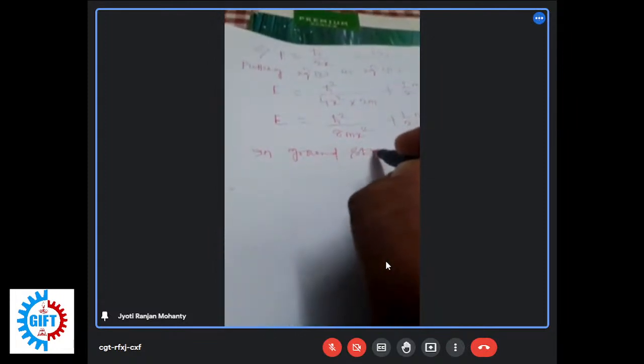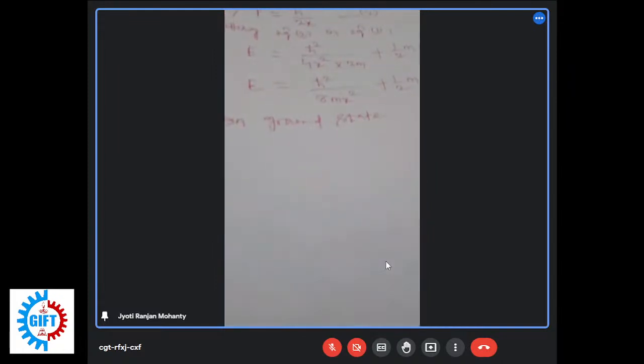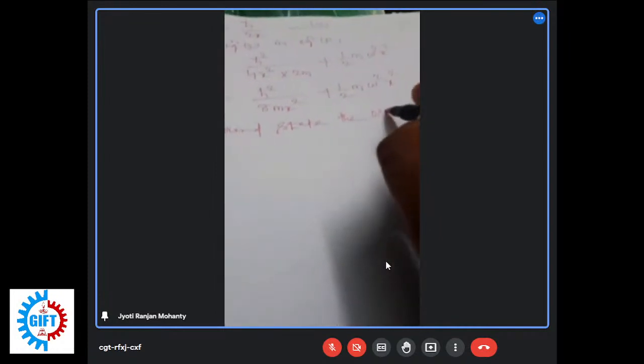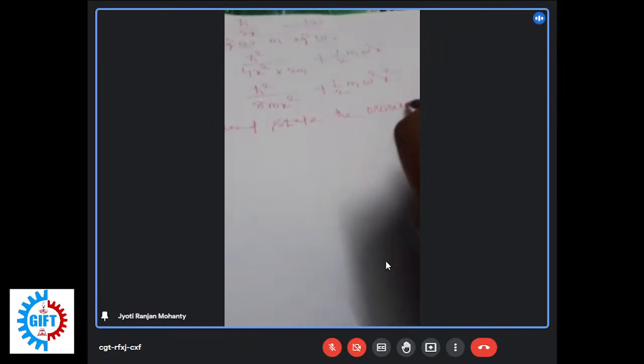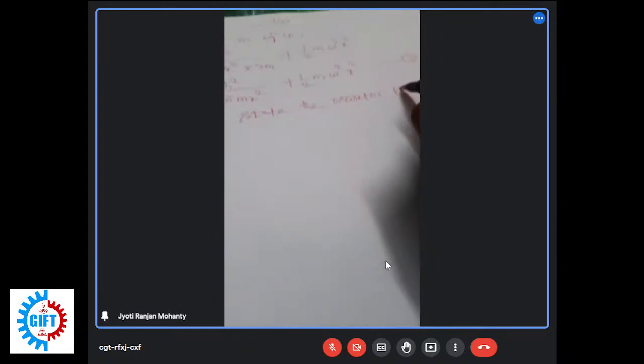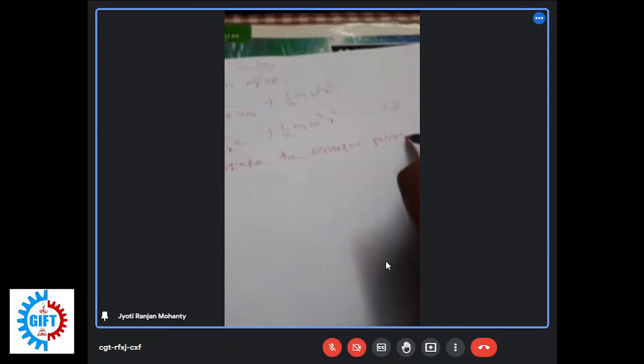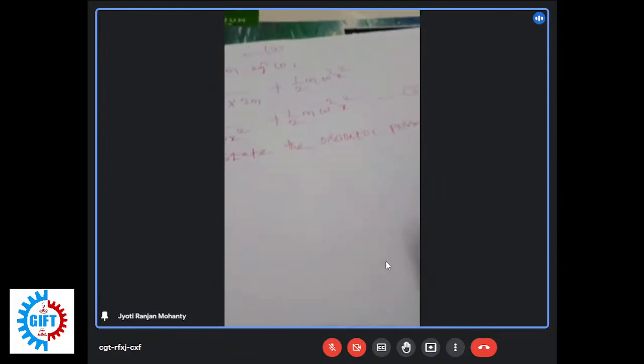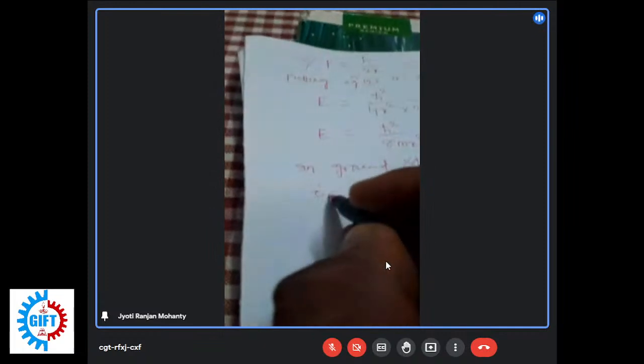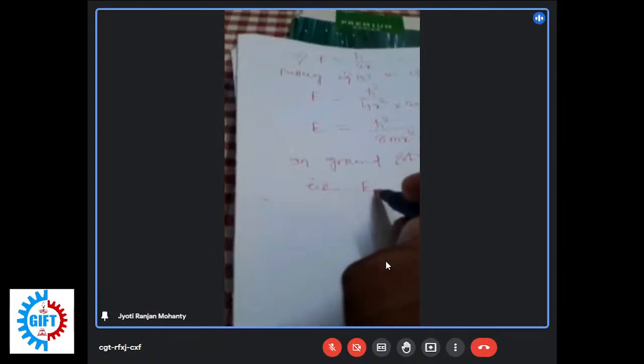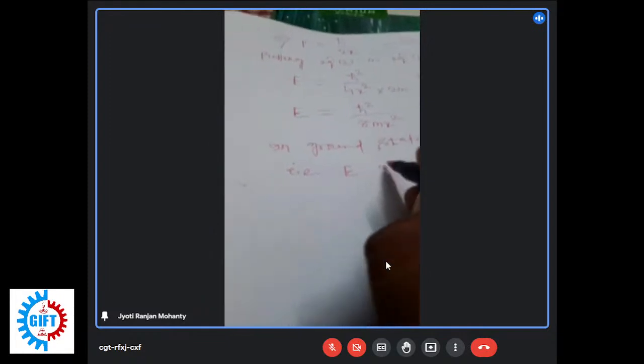In ground state, the oscillator possesses minimum energy. The minimum energy, that means E becomes minimum.